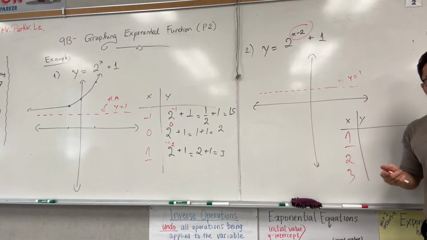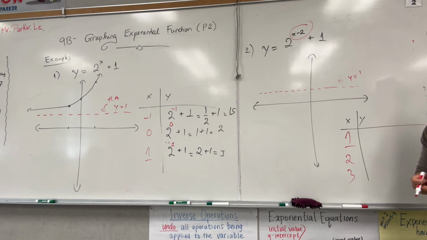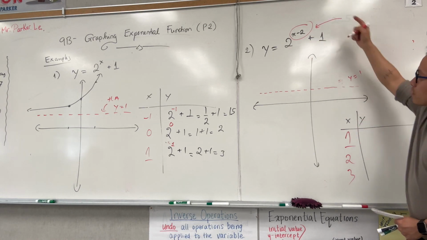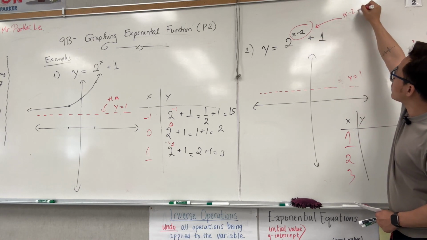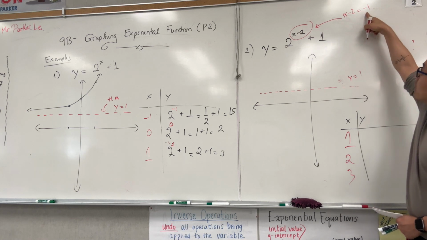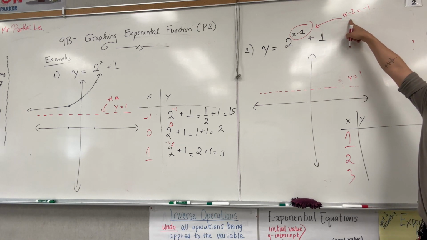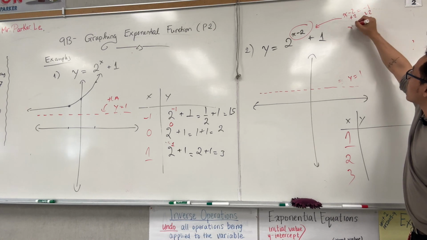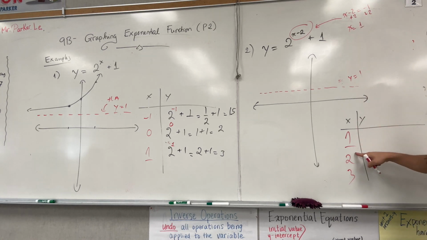So we need to find what value of the x so that the power is negative 1, 0, and 1. If you don't know how to find this number, just do this. Let the power equal to negative 1, and solve for the x. Plus 2, right? So x equal to 1. That's how you find 1.